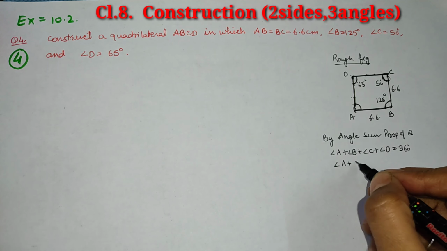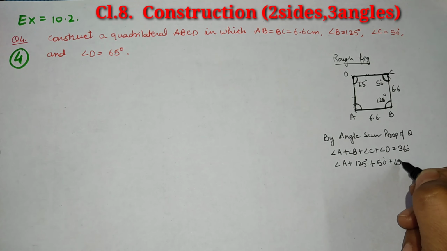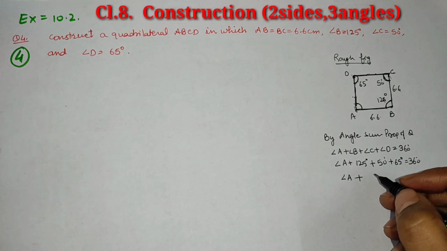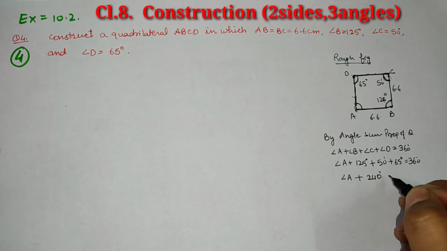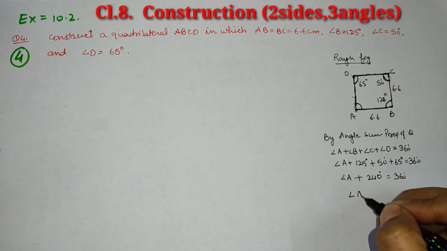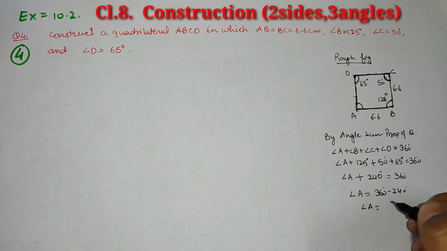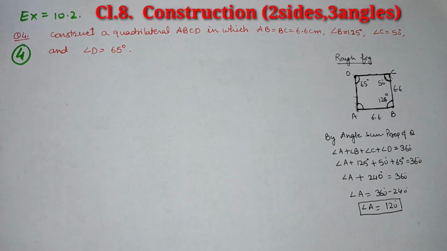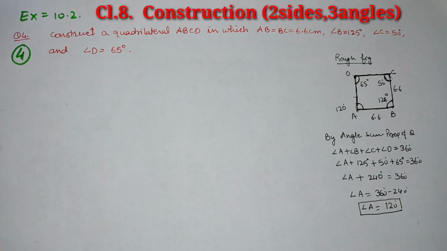Angle A we don't know, angle B is 125 degrees, angle C is 50 degrees, angle D is 65 degrees, and the total is 240 degrees. So 360 minus 240, and you will get angle A as 120 degrees. Now it is very easy. We know angle A is 120 degrees, so easily we can draw this. Now see how we draw it.